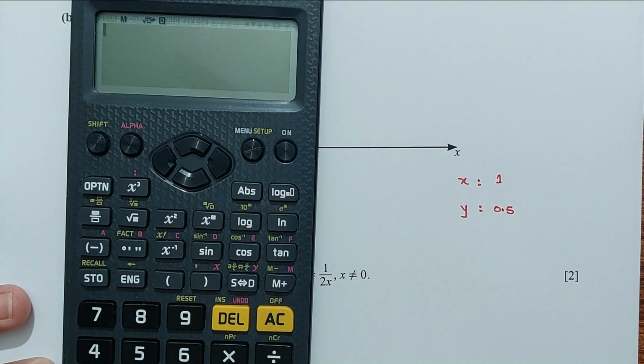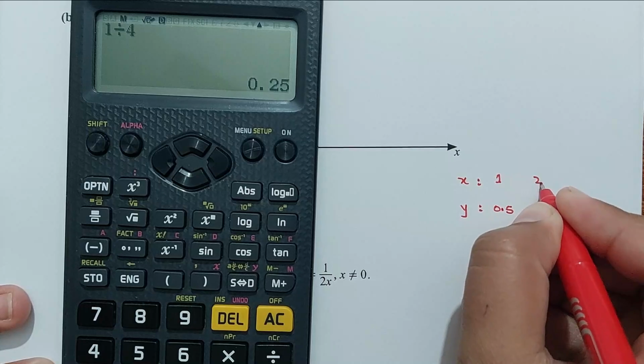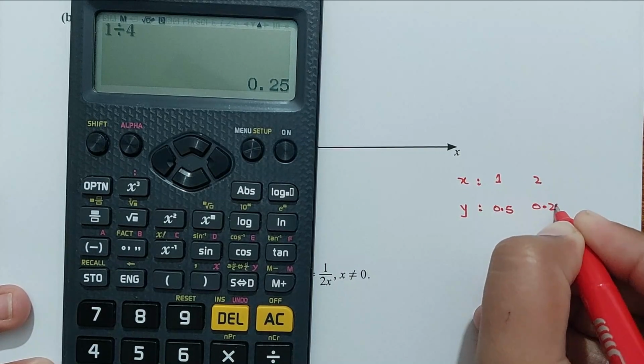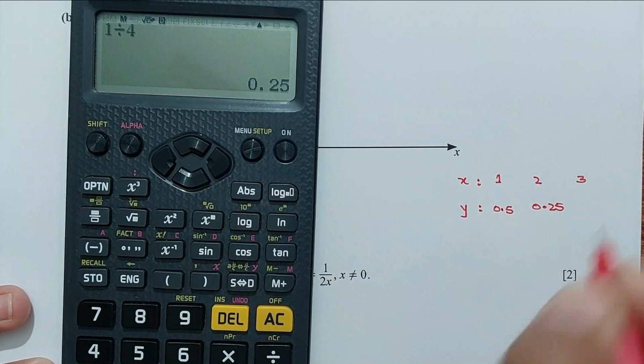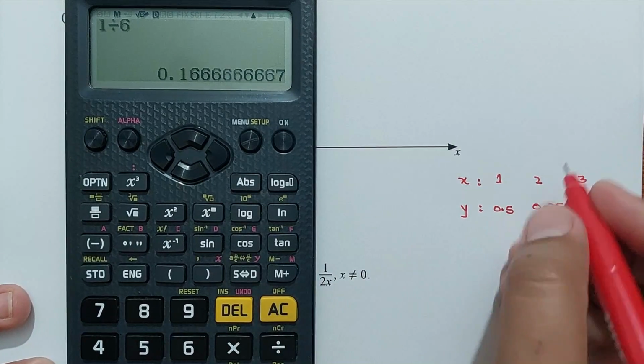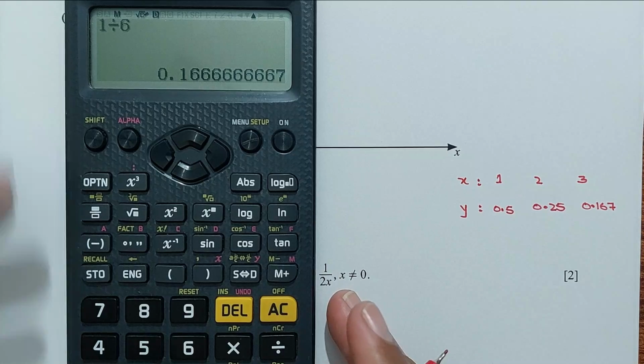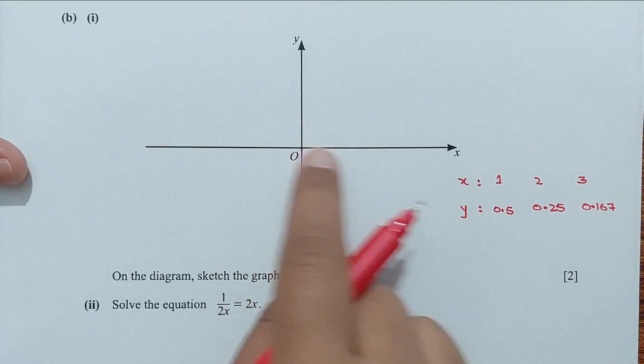When x is 2, it's 1 by 4, 0.25. When x is 3, it's 1 over 2 times 3, which is 6, so 0.167. This is for the positive values.